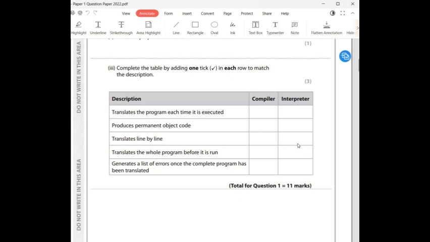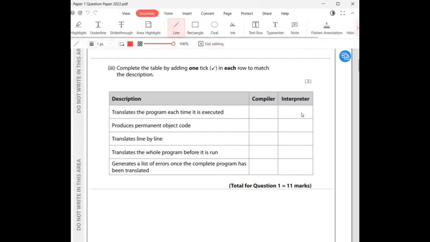An interpreter will translate line by line, whereas a compiler will translate the whole program before it's run, and a compiler will generate a list of errors once a complete program has been translated. That will be where you need to tick the boxes, which is how you will get those marks. So let's say I want to highlight, which I can't highlight in this PDF, but A.